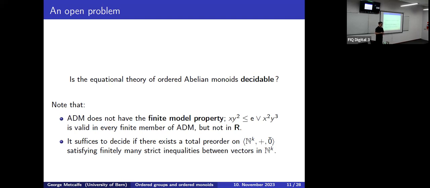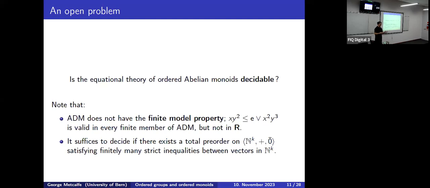And then you ask if there's a total pre-order on this which satisfies finitely many strict inequalities between vectors in N^k. So for example, suppose k is 2, and maybe you want (1, 2) to be strictly less than (5, 7), and (2, 3) strictly less than (13, 8). And then the question is, can we find a total pre-order on this monoid which satisfies those conditions?